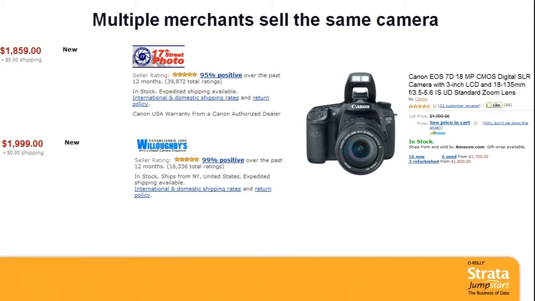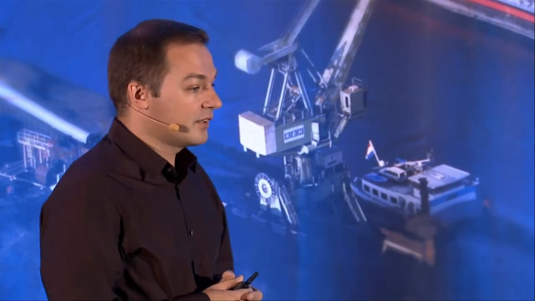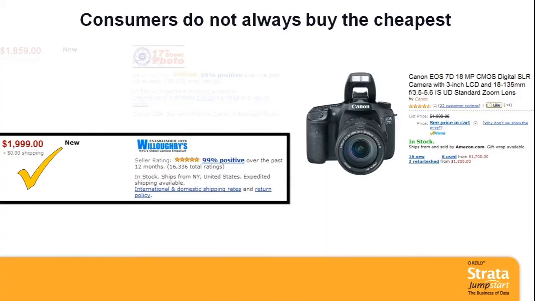Well, by monitoring the market for quite a few months, we have seen that this is actually not the case. Quite often, we realize that people don't buy the cheapest. For example, we have seen a transaction yesterday that someone bought this camera from Willoughby's instead of buying from the cheaper alternative, which is 17th Street Photo.